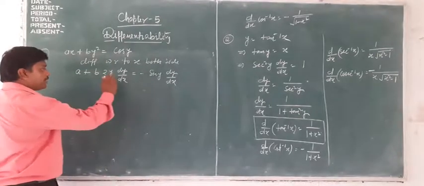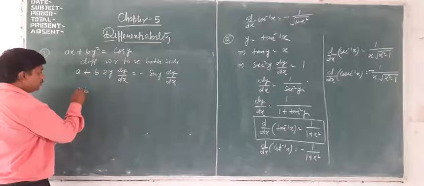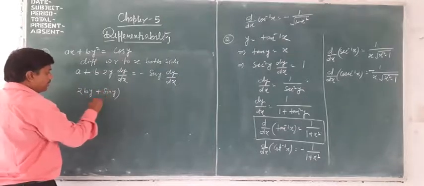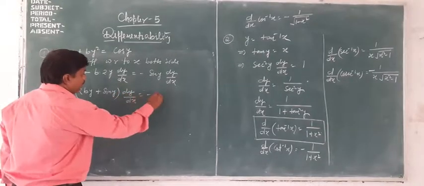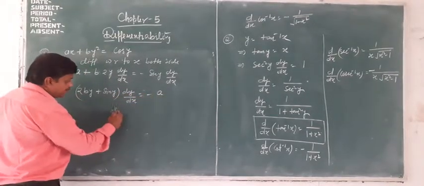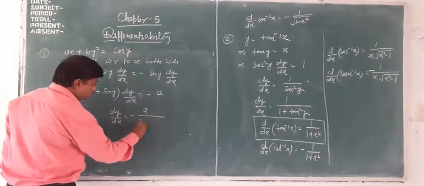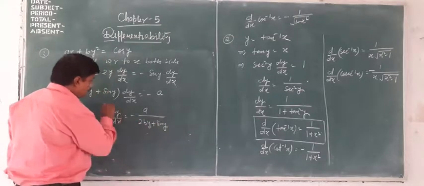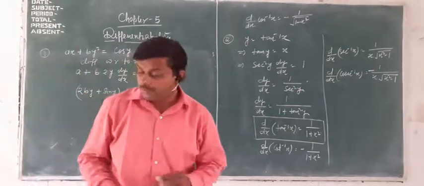If we transfer that term here and that term here, we will get 2by plus sin y, and dy by dx is common, equal to minus a. So dy by dx equal to minus a by twice by plus sin y. This is the derivative of that function.